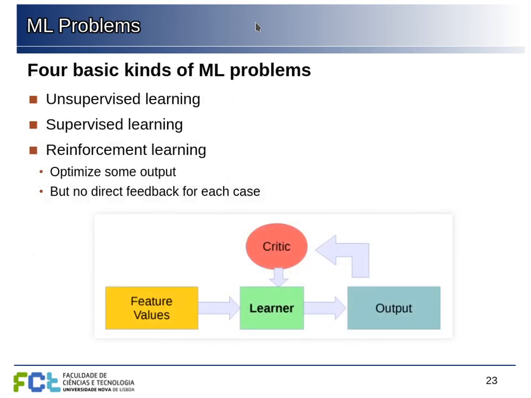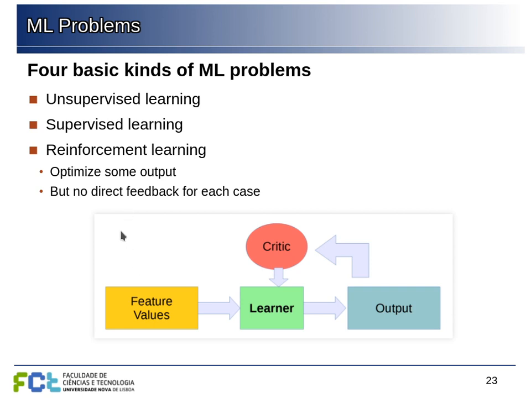Another kind of machine learning problem is reinforcement learning, where we want to optimize the performance of the learner, but we do not have feedback on every decision the agent is making.